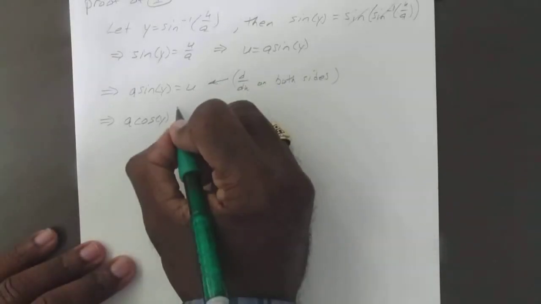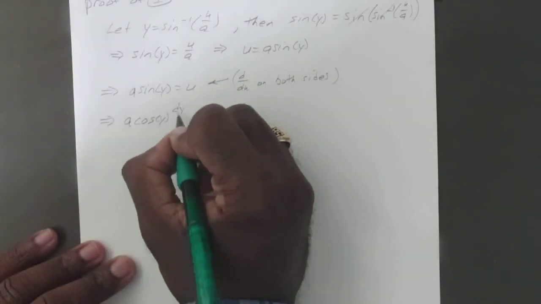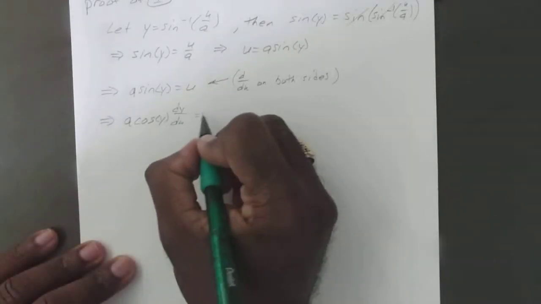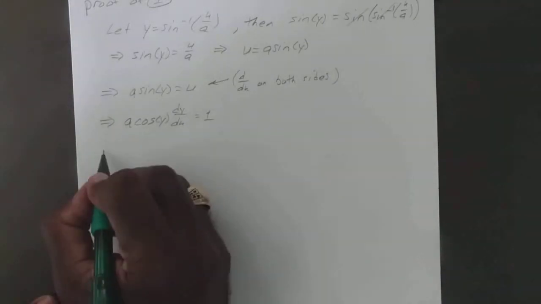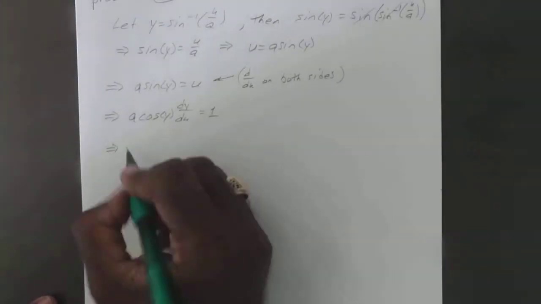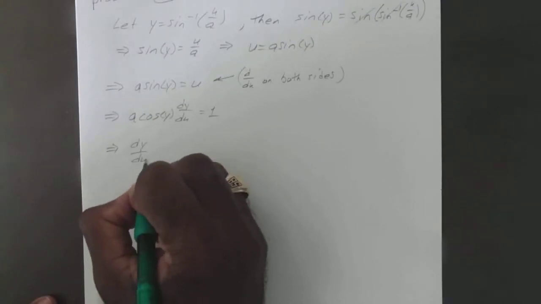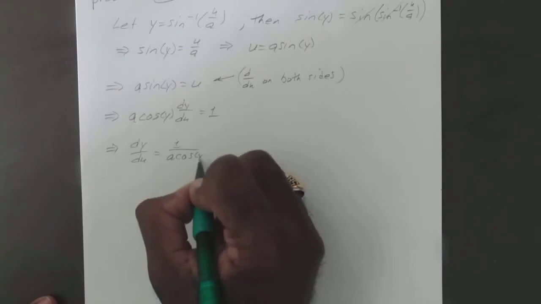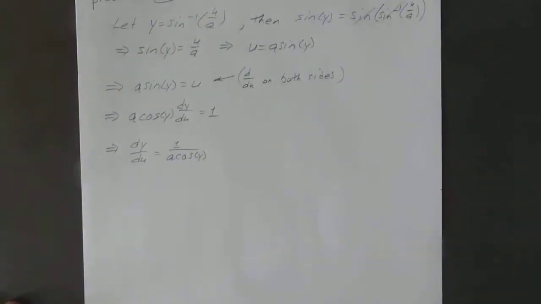But it's with respect to u, so we're using implicit differentiation. So dy du equals the derivative of u with respect to u, which is just 1. From there, just divide both sides by a cosine of y. So dy du equals 1 over a cosine of y.